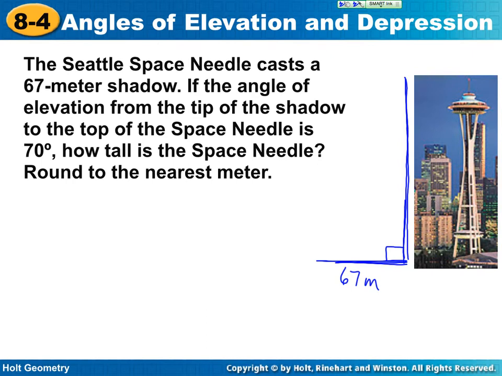If the angle of elevation from the tip of the shadow to the top of the Space Needle, so they're talking about here, from the tip of the shadow up to the top of the Space Needle, angle of elevation, is that the one at the bottom or the top? Elevation would be the bottom in this picture. So that's 70 degrees. How tall or how high is the Space Needle? Solve the triangle, or not really solve the whole triangle, but find the missing height using your trig.